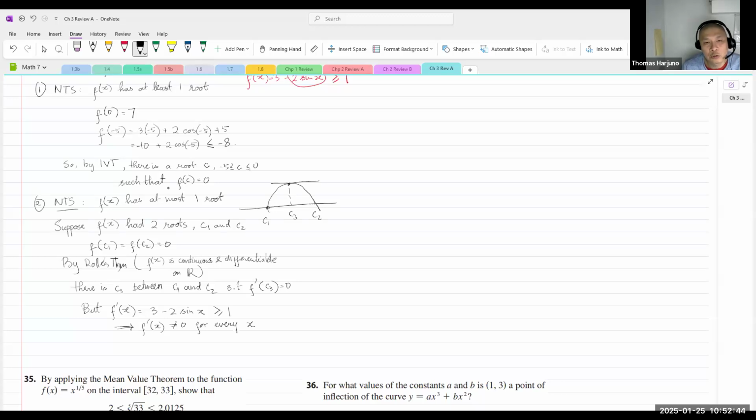Now, that leads to the contradiction. This is the notation for contradiction, by the way. It leads to the contradiction that f prime C3 equals 0. Now, why do we have that contradiction? Because we assumed there were two roots. So f of x has at most one root.